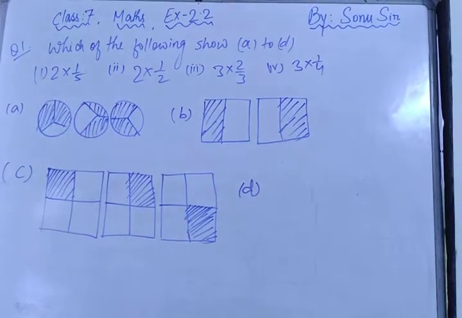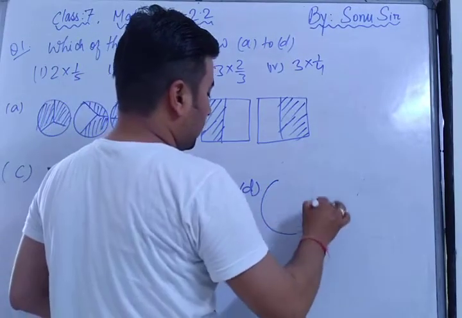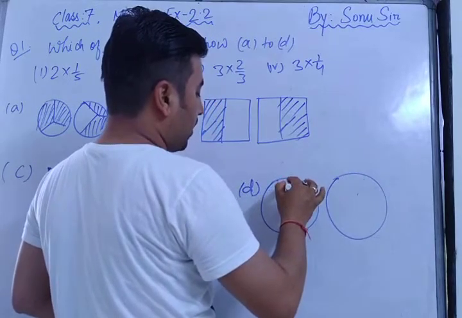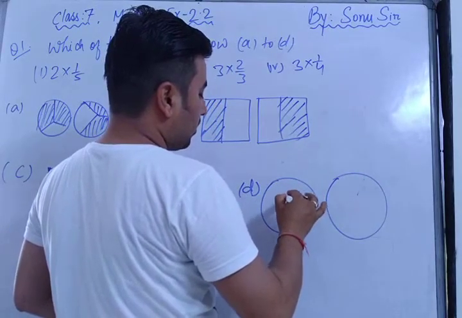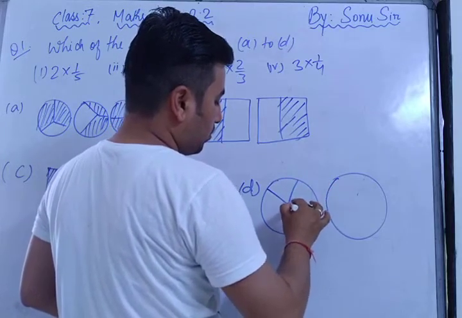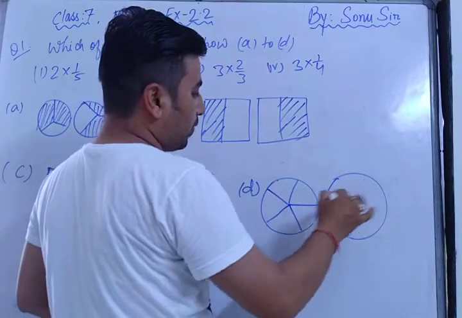Option D is about circles divided into 5 parts. There are 2 circles, both divided into 5 parts: 1, 2, 3, 4, 5.